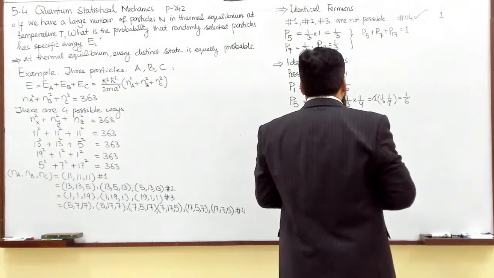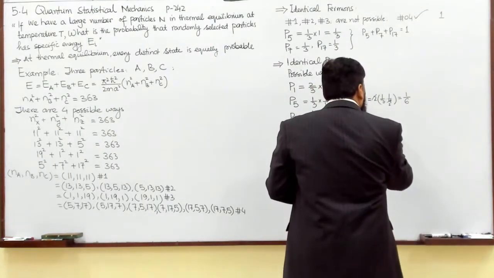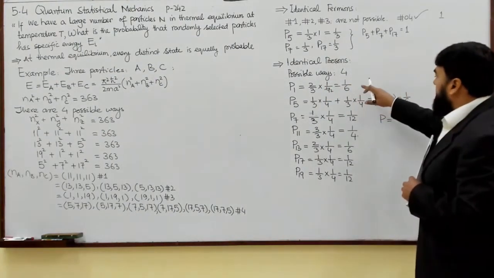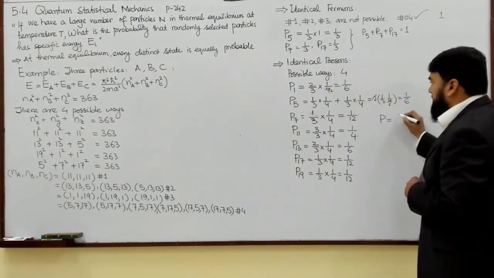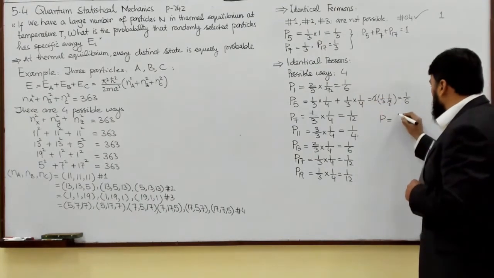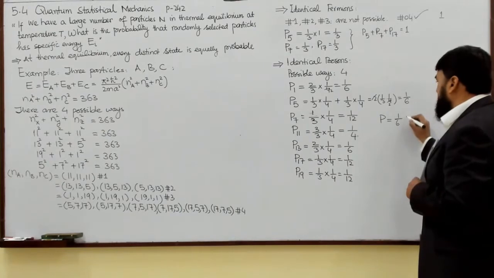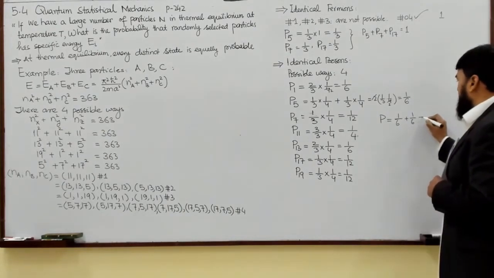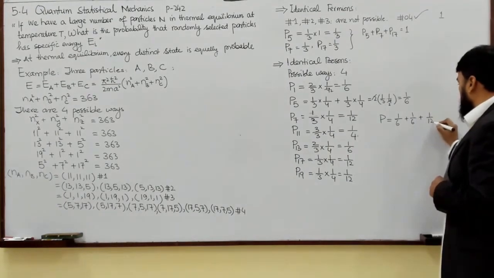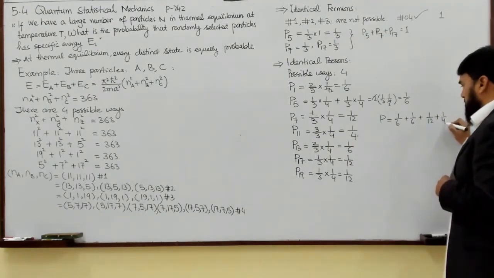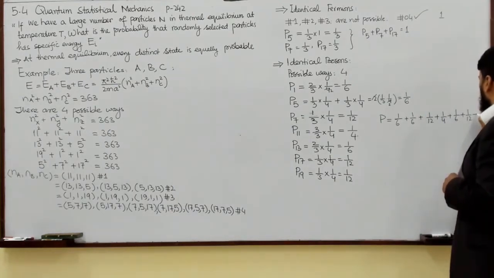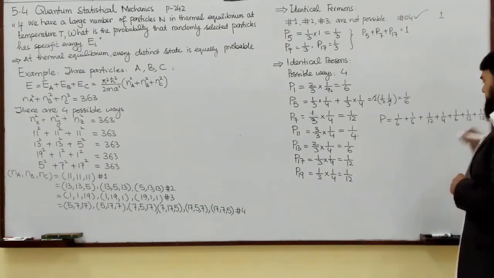Now the total probability should sum up to 1. So the total probability will be 1 over 6, 1 over 6, and plus another 1 over 6, and plus 1 over 12, plus 1 over 4, 1 over 6, and 1 over 12, 1 over 12.